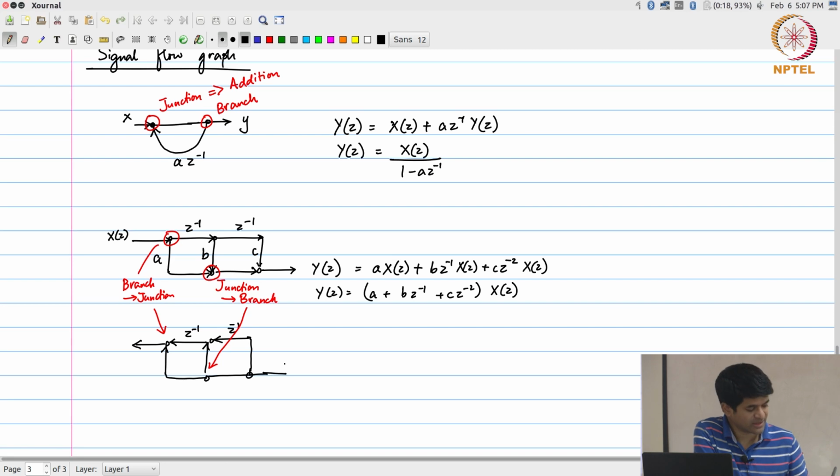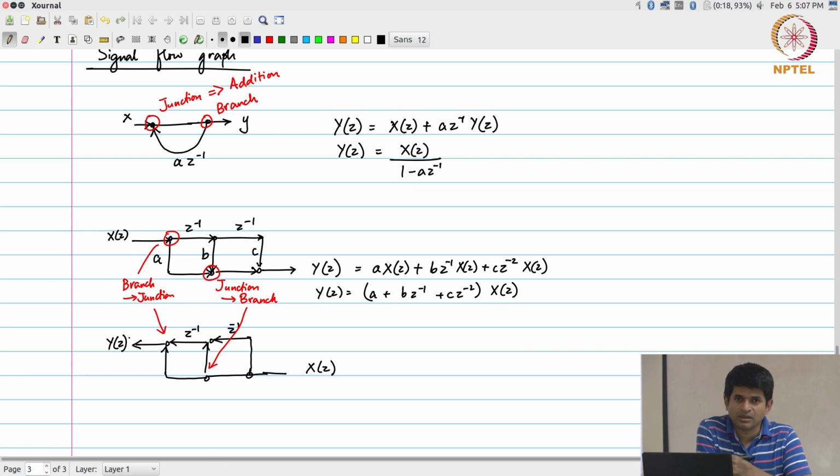And of course I need to swap the positions of input and output, so that the input x of z is over here and y of z is over here. Okay. So the theorem essentially says that these two graphs are fundamentally equivalent. They are going to give you exactly the same behavior.